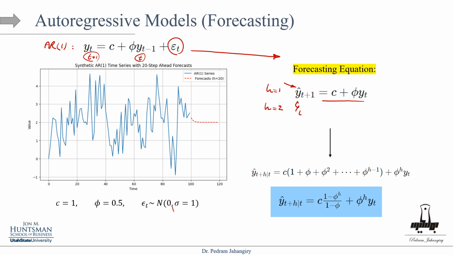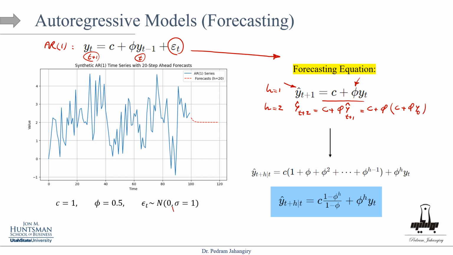y hat_{t+2} is equal to c plus phi times... You might want to say y_{t+1}, but again, this is today, and you don't know the value for y_{t+1}. So you're going to use the predicted value, our one-step-ahead prediction. Then we can replace y hat_{t+1} with its value. So it's going to be c plus phi multiplied by, instead of y hat_{t+1}, this equation, c plus phi y_t.